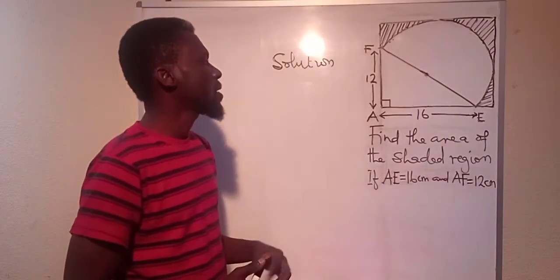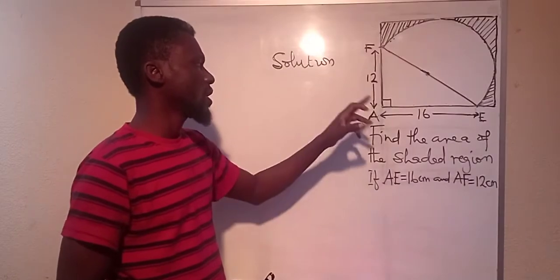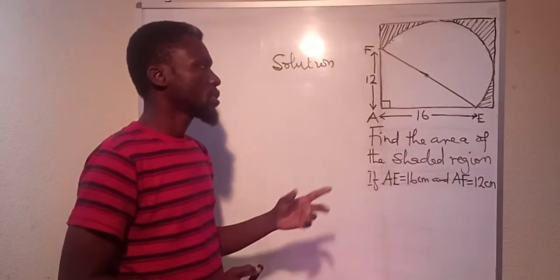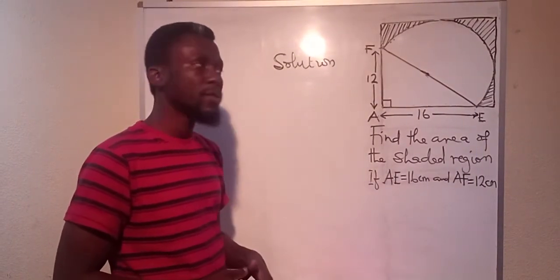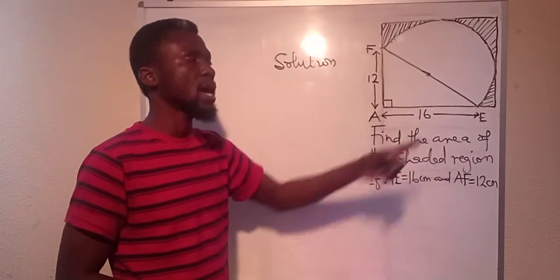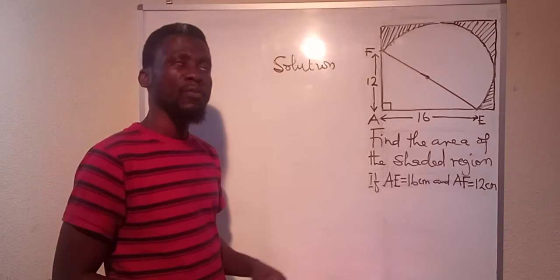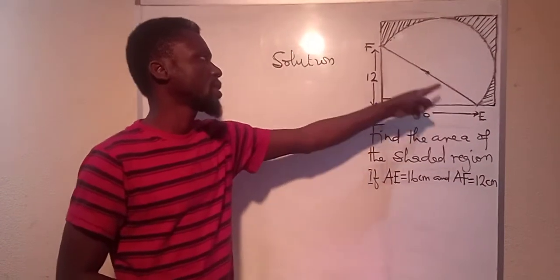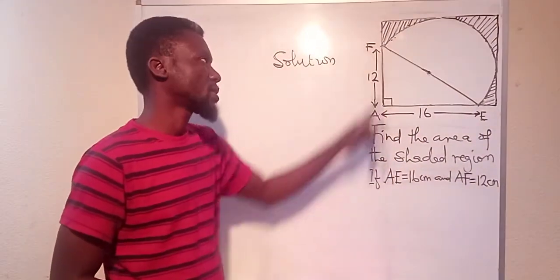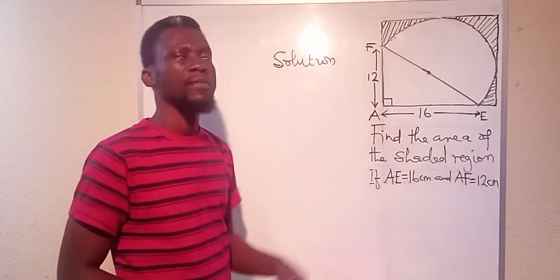If we are able to find the hypotenuse of the triangle AEF, then it will serve as the diameter of the semicircle. And then, of course, we will divide whatever we get as the diameter by half, and we'll be able to have the radius.